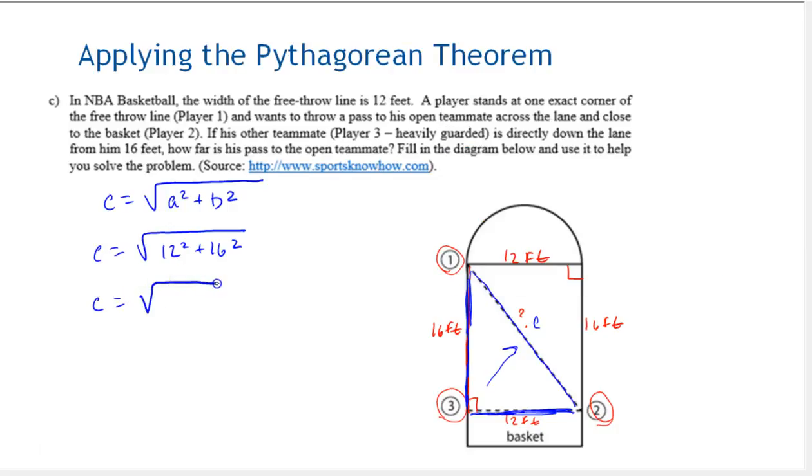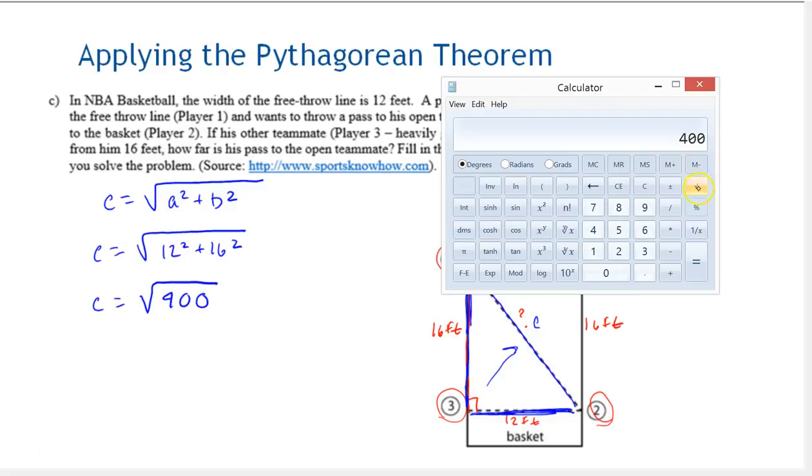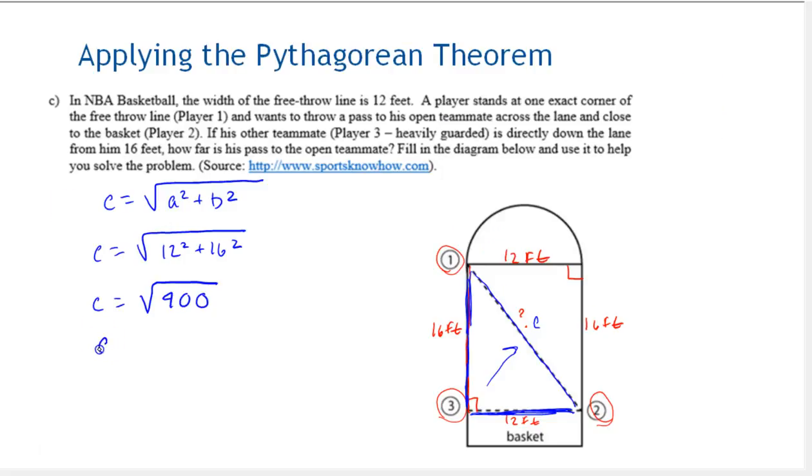So c equals the square root of 400. And I believe that's a perfect square. And I will hit the square root button, and we get 20. So c equals 20 feet. And it's exactly 20 feet since this was a perfect square. So our answer to this problem is player 1 will need to pass the ball 20 feet to player 2.